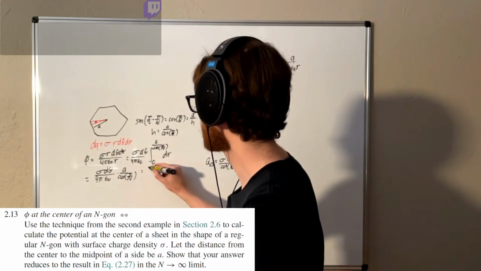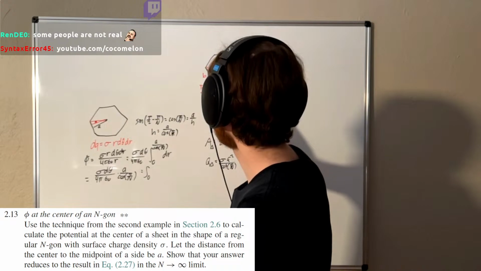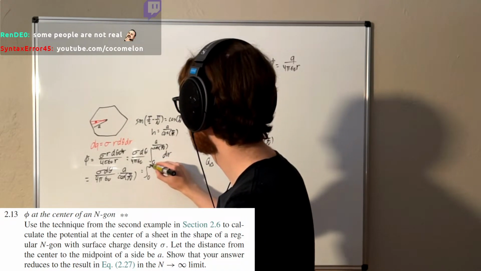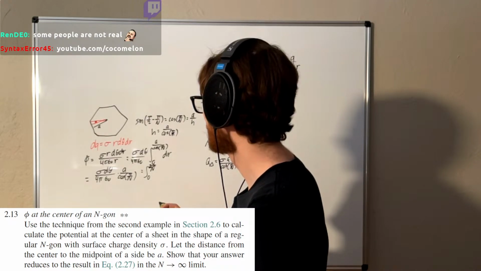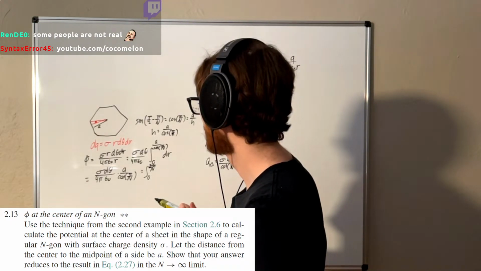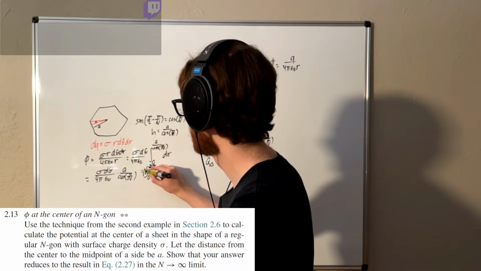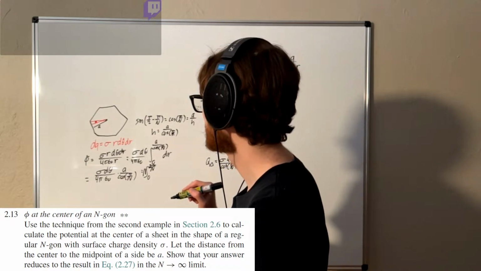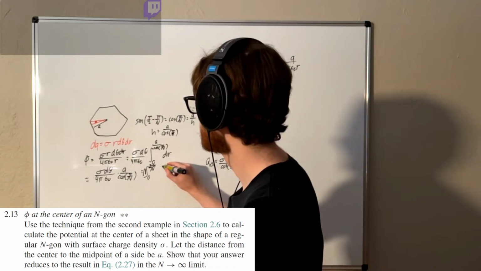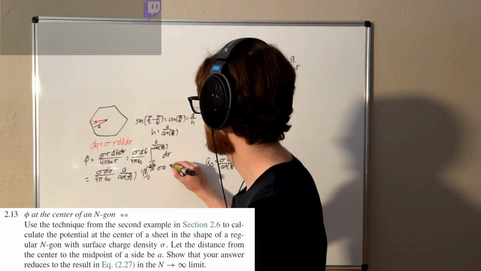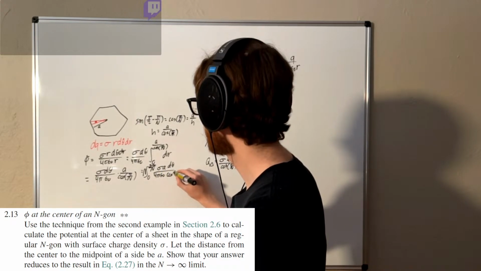I shouldn't just randomly put an equal in integral here, but I'm going to do it. 0 up to 2 pi over N. And we need to multiply it by N. Sigma A d theta over 4 pi epsilon naught cosine pi over N.